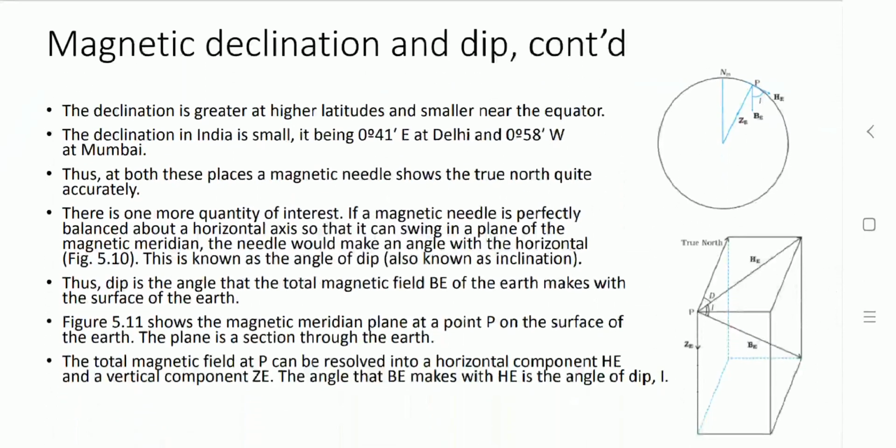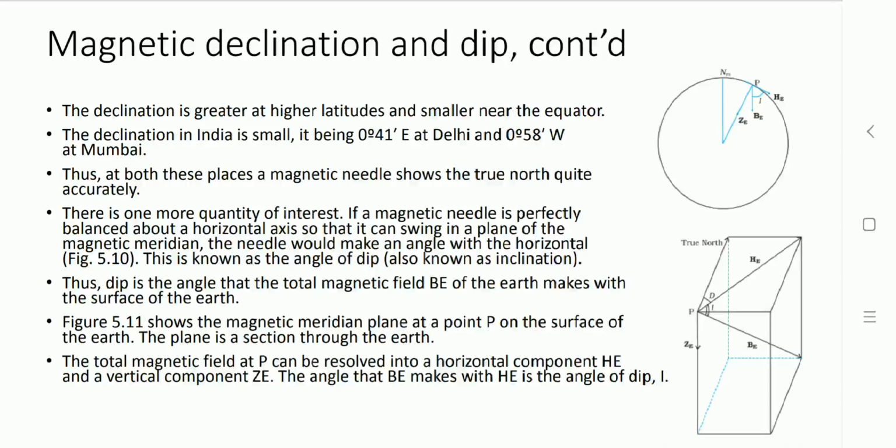Now, this declination is larger at higher latitudes and smaller at the equator. So in India, the declination is 0.41 degrees east in Delhi and 0.58 degrees west in Mumbai.